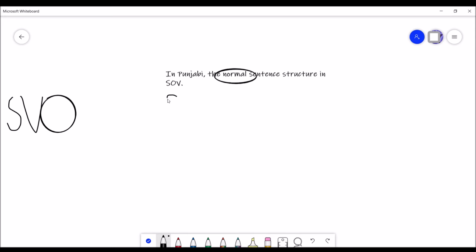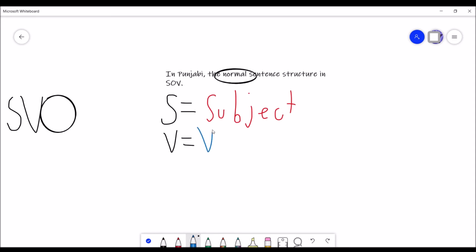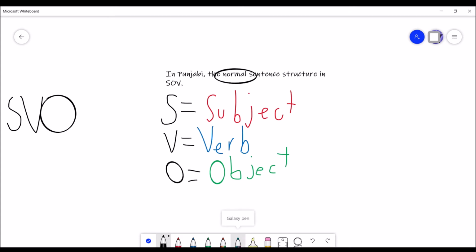Well, S is the subject, V is the verb, and O is the object. Now, what is a subject? What is a verb? And what is an object?